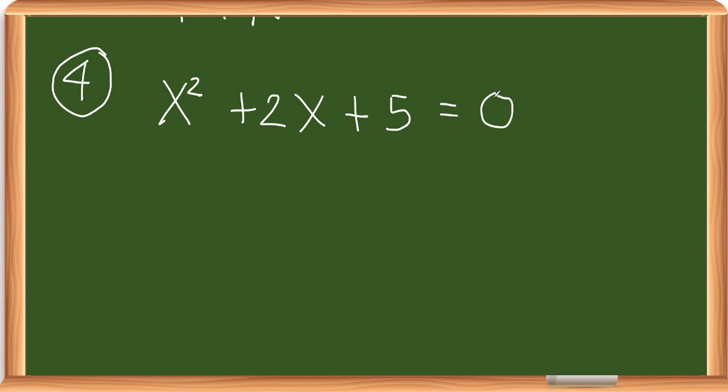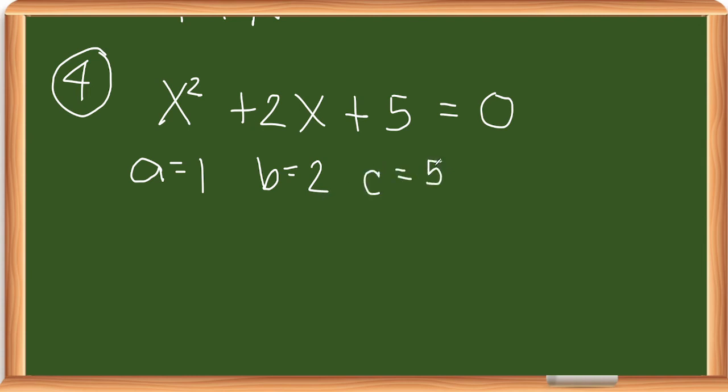So, let's say we have an equation x squared plus 2x plus 5 is equal to 0. Once again, naka-standard form of quadratic equation na siya. So, alam na natin na ang A is equal to 1, yung B is equal to 2, and your C is equal to 5.